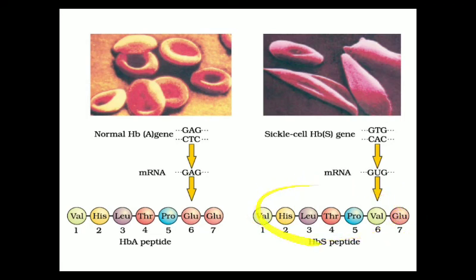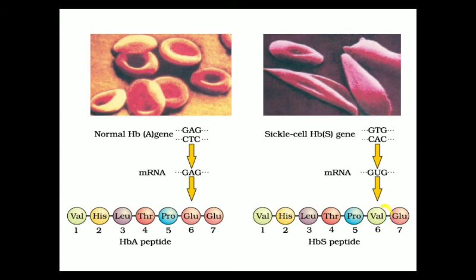Here the shape of hemoglobin will become sickle shape. There is only one difference: at the sixth position, the amino acid glutamic acid will be replaced by valine. Apart from this sixth position, all the sequence of amino acids will remain the same. The only difference is that glutamic acid is replaced by valine.